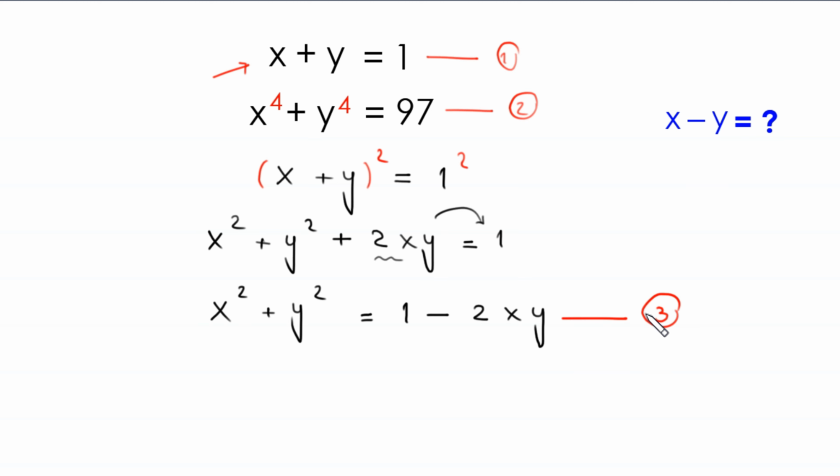Now we square both sides of equation number 3. So x squared plus y squared is equal to 1 minus 2xy, and we square both sides.